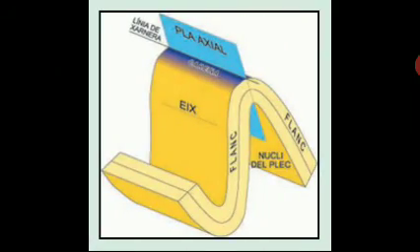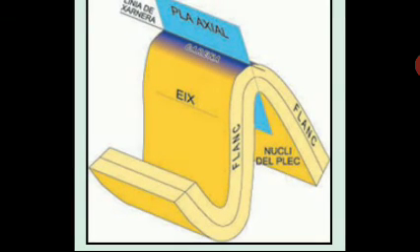See, this is a complete fold. As I said, from the left side on the screen, the V shape syncline is showing, and another is the anticline. A combination of syncline and anticline shows a complete fold. Here also you can see the axial plane and both side limbs.